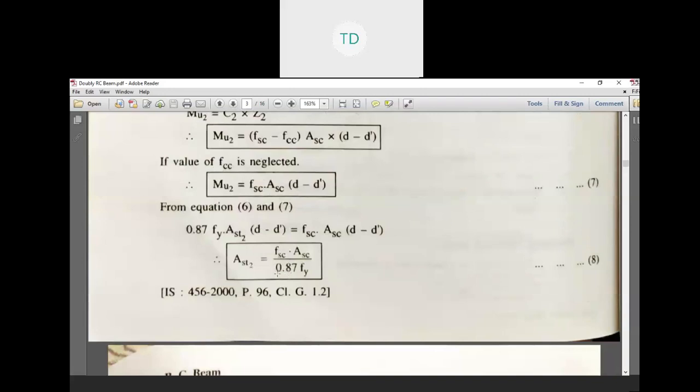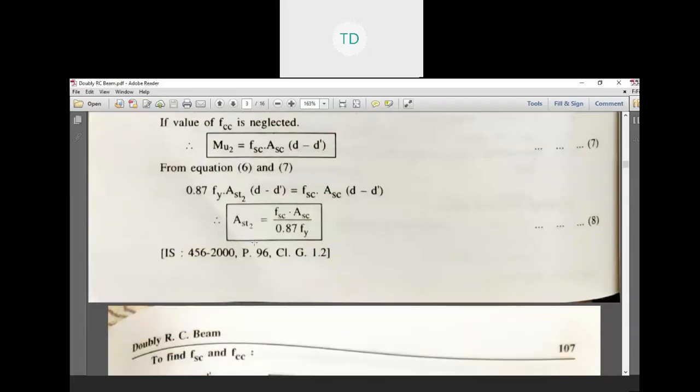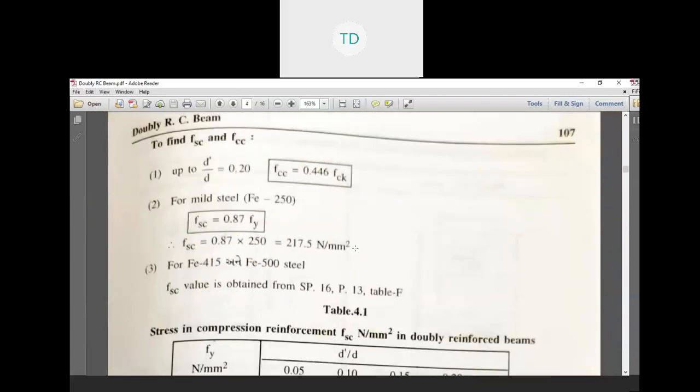This is the simplest example of finding Ast, which is also given in IS 456:2000, page number 96, clause G-1.2. Now it is necessary to find Fsc and Fcc.